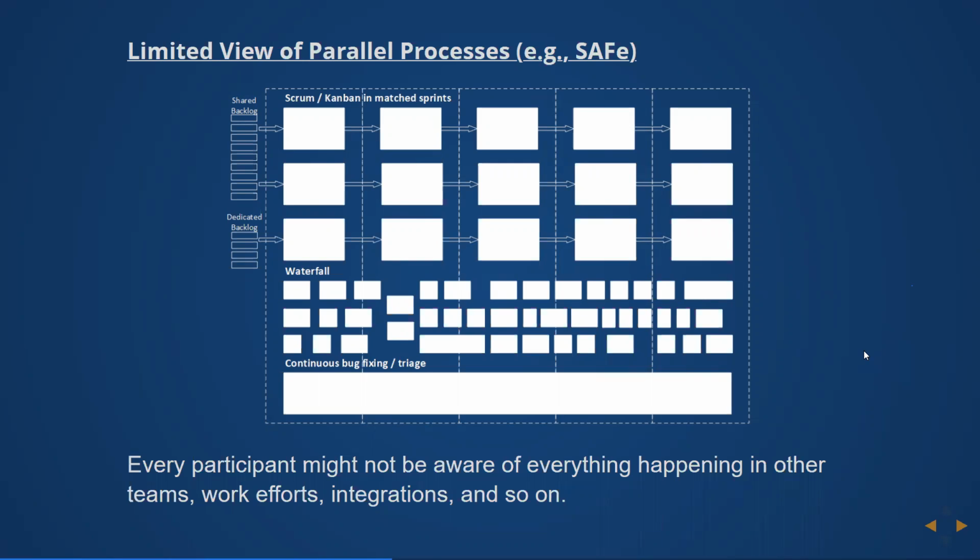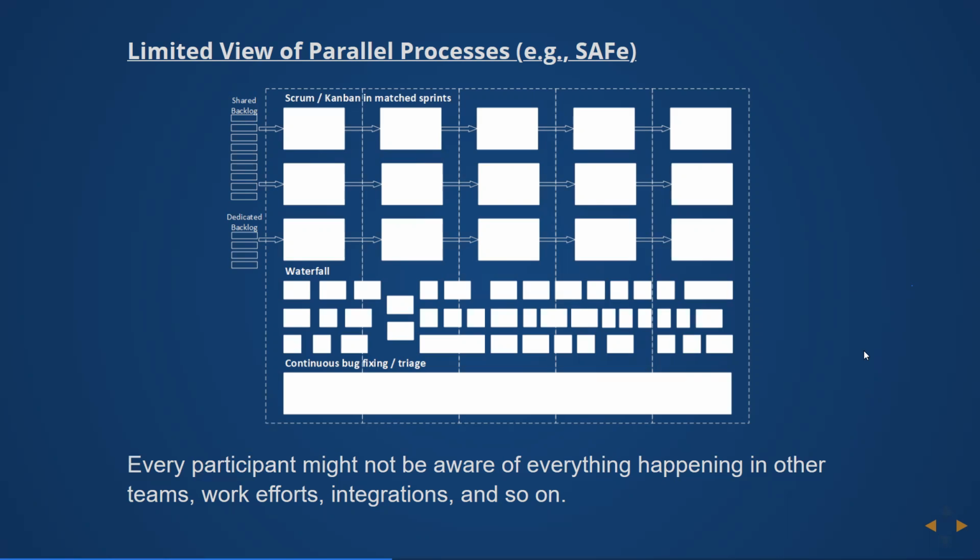For example, if you have a number of Scrum and Kanban teams that are working in parallel, either on different parts of the same thing or on totally different but related things, and different groups might be drawing from shared backlogs or only their own backlog, you may struggle to really get a complete picture of what's going on.